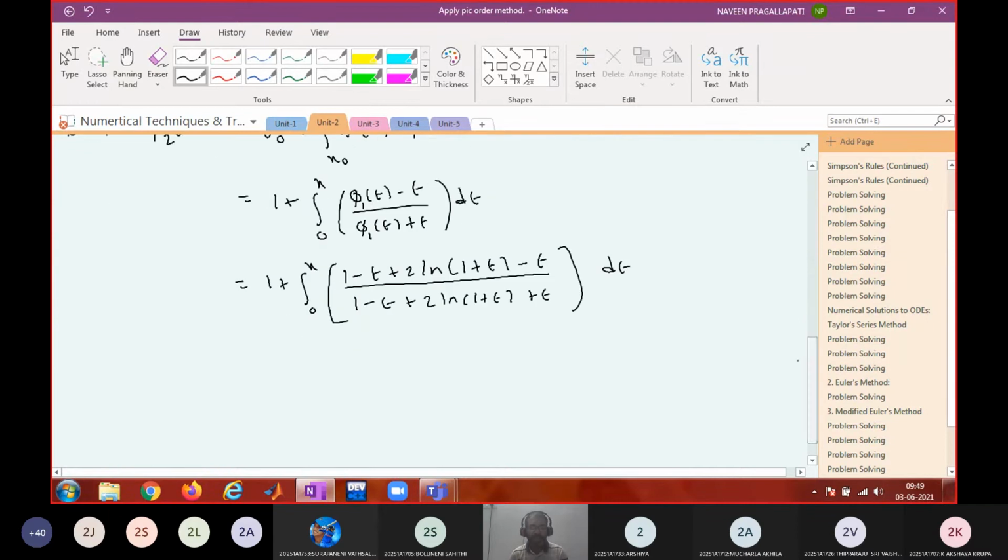So this is 1 plus integral 0 to x of 1 minus 2t plus 2 log of 1 plus t, by, minus t gets cancelled, 1 plus 2 log of 1 plus t. Okay, so do you think you can integrate?